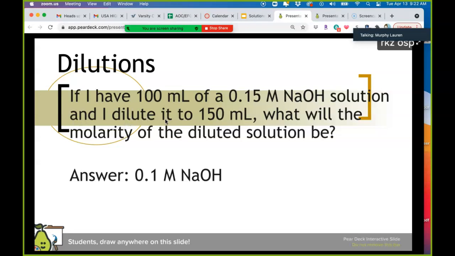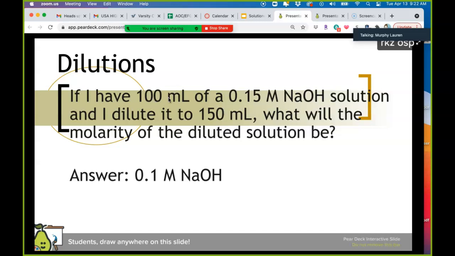If I dilute it to, now notice this diluted to as opposed to added to or mixed with is not the same. Dilute it to means 150 is your final volume. You do not add these two together. In order for you to add the 100 and the 150, it would have had to say mixed with, added to.